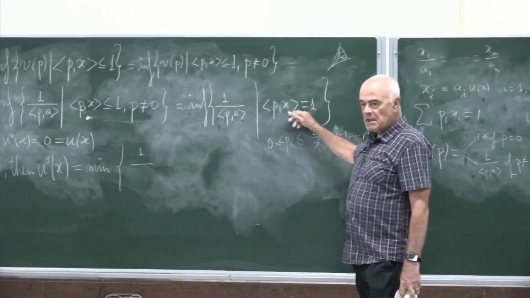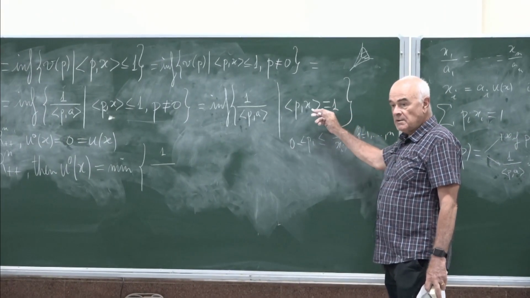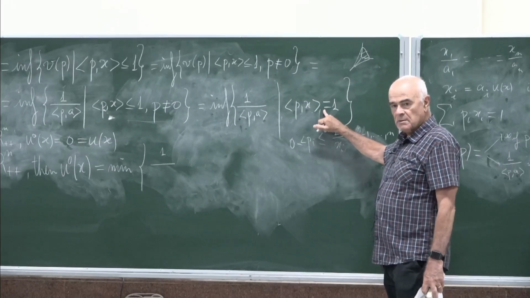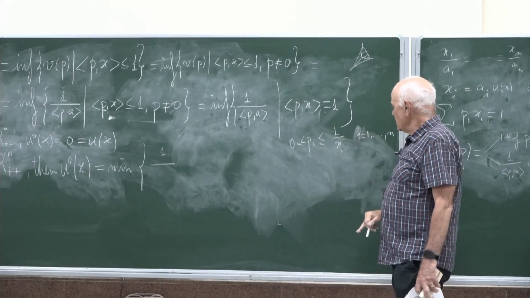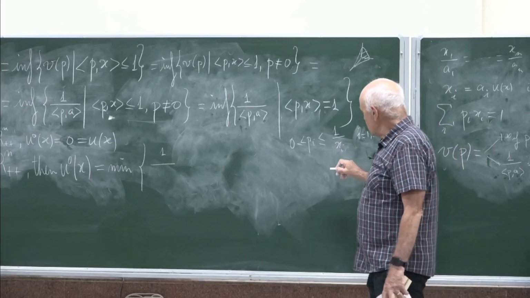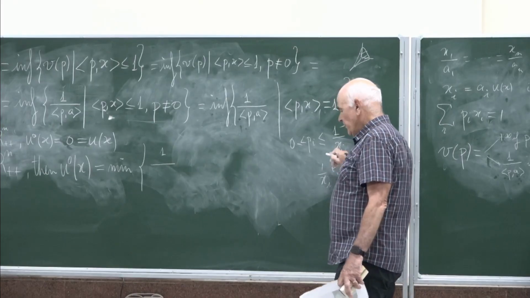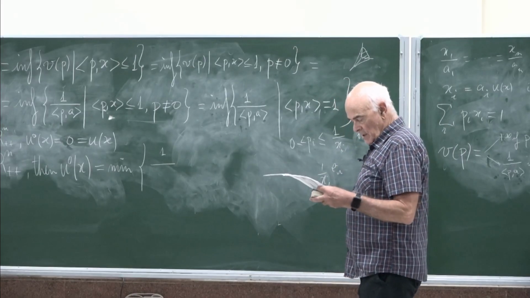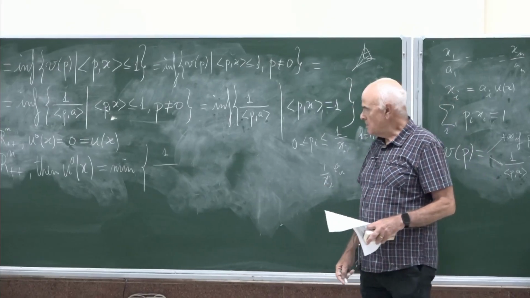The vertices are obtained when all the variables except 1, because there is only one equality, are equal to 0. So the vertices are of the type 1 over xi, ei being the ith unit vector, as usual.